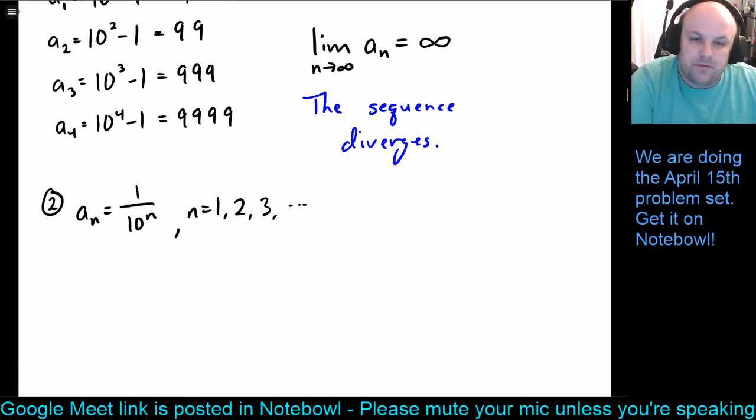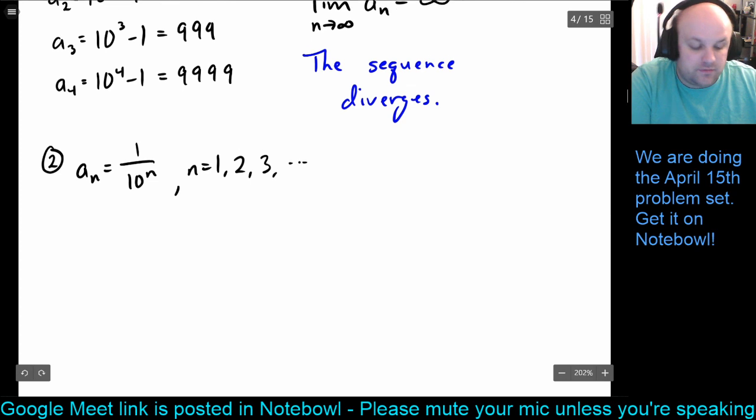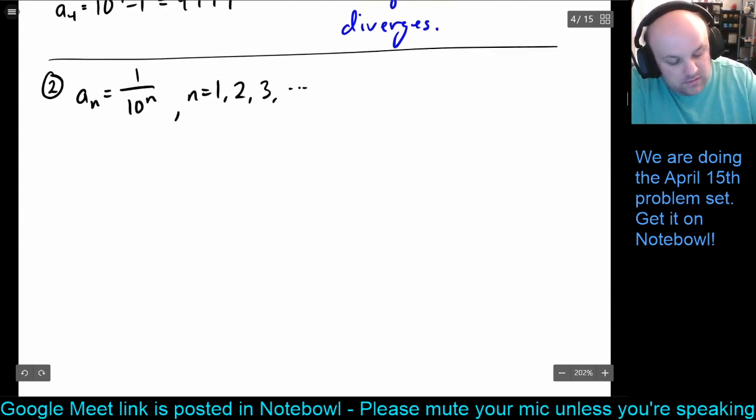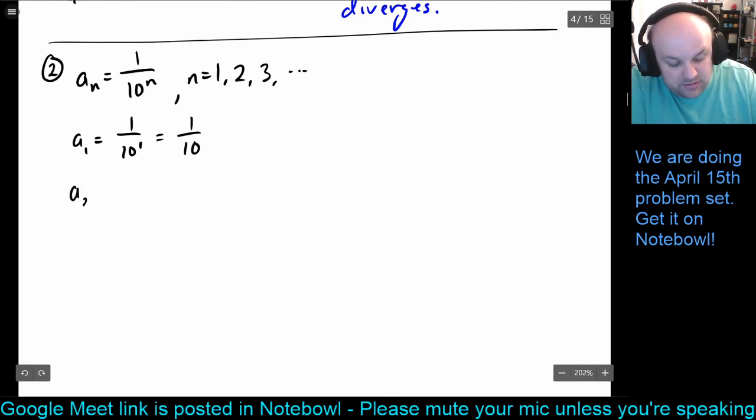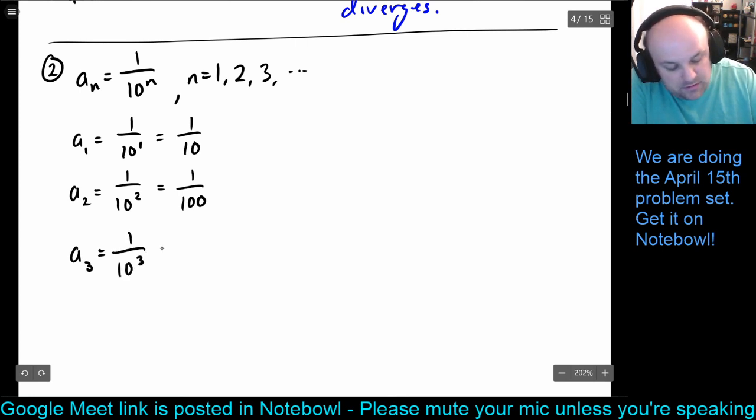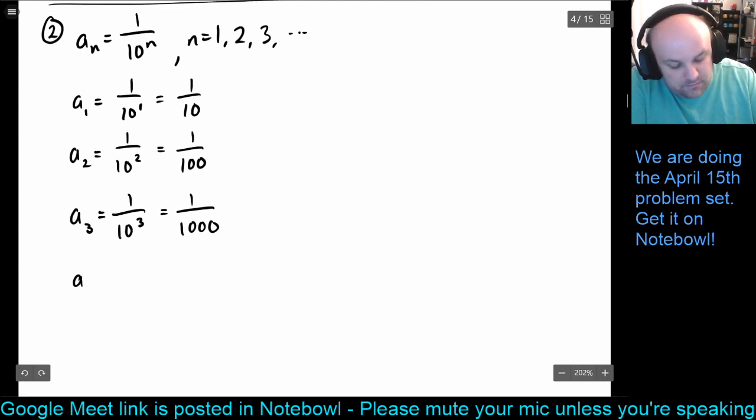So let's again write out the first 4 terms. a1 is 1 over 10 to the first, which is 1 over 10. a2 is 1 over 10 squared, which is 1 over 100. a3 is 1 over 10 to the third, which is 1 over 1,000. And a4 is 1 over 10 to the fourth, which is 1 over 10,000.